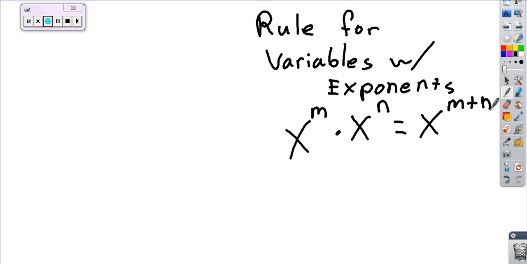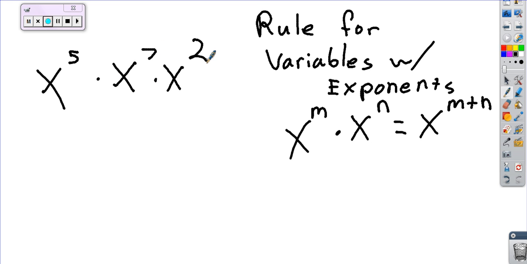So for example, x to the 5th times x to the 7th times x squared. All we need to do, according to the rule, is add the exponents.